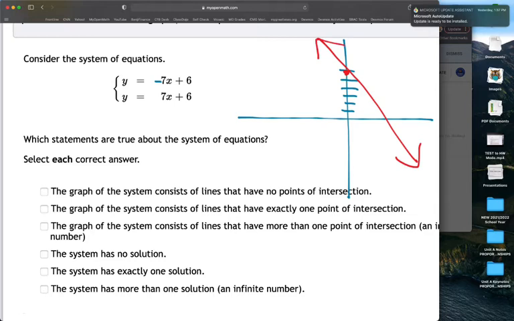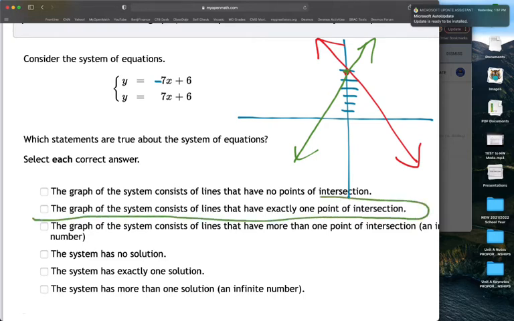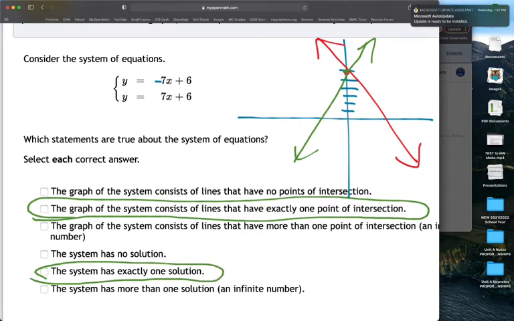The other one also goes through positive 6 on the y-axis, but this one has a positive 7 as a slope, so it might look something like this. Clearly there is exactly one point of intersection, which means that we have exactly one solution.